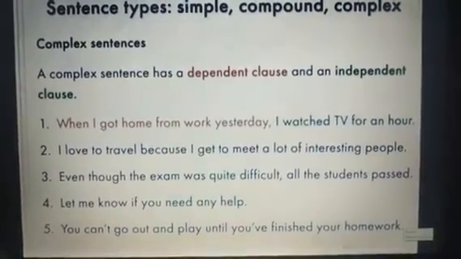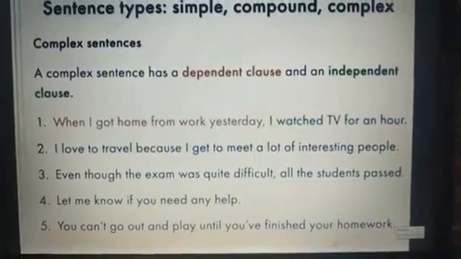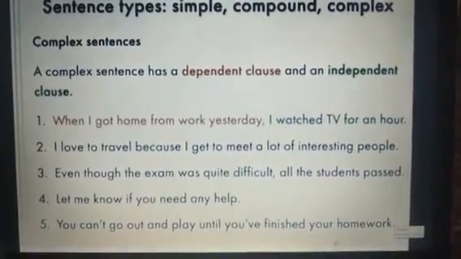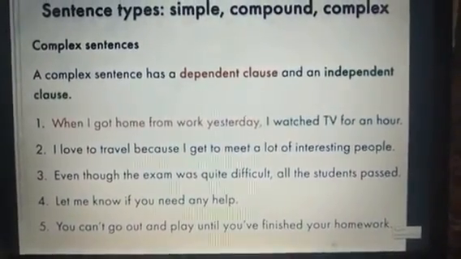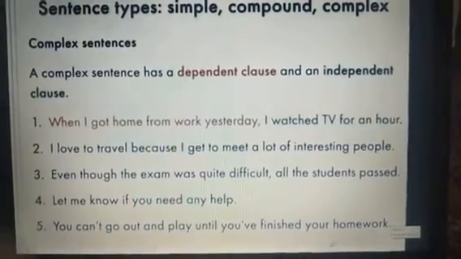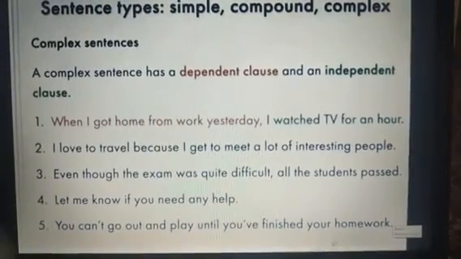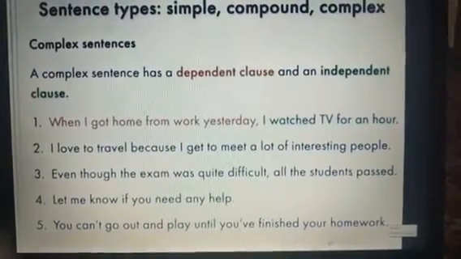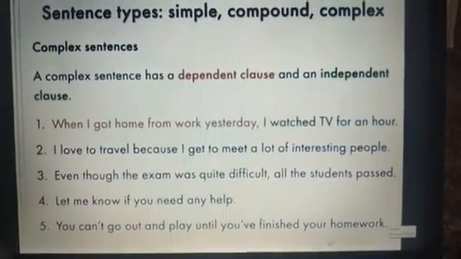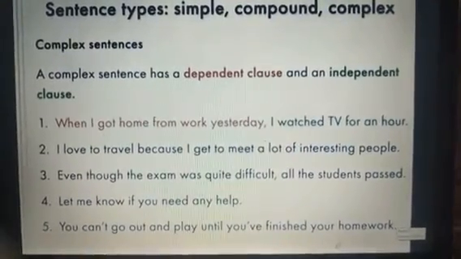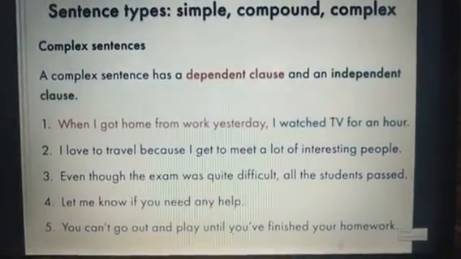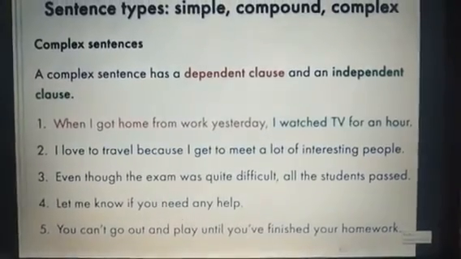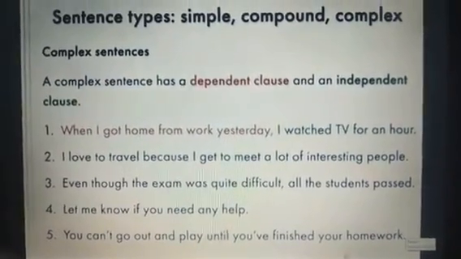Just remember that to decide whether a clause is dependent or independent, you ask the question, can this clause be a complete sentence on its own? If it is, then it's an independent clause. Remember that. And if it cannot be a complete sentence, then it is a dependent clause.